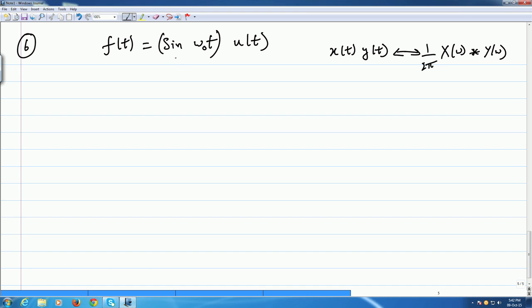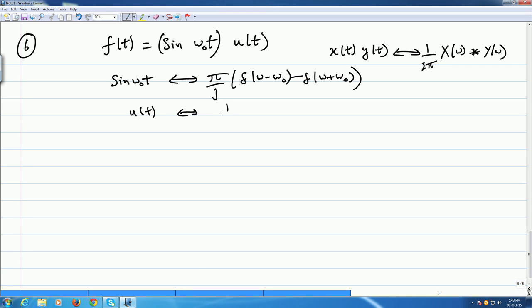So, now if this is treated as x of t, sin omega naught t, we know that transforms to pi by j delta of omega minus omega naught minus delta of omega plus omega naught. Okay. And we know u of t transforms to 1 by j omega plus pi delta of omega. So, when you take the product of these two, it transforms to the convolution.